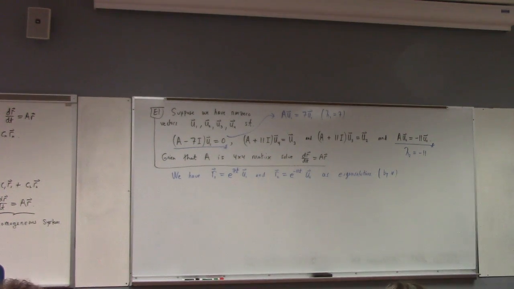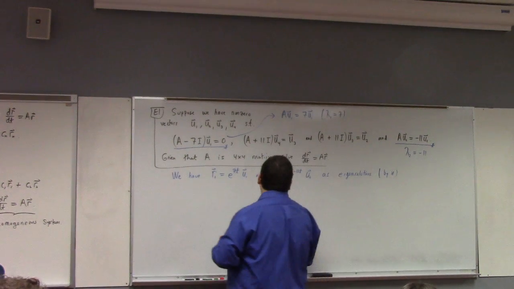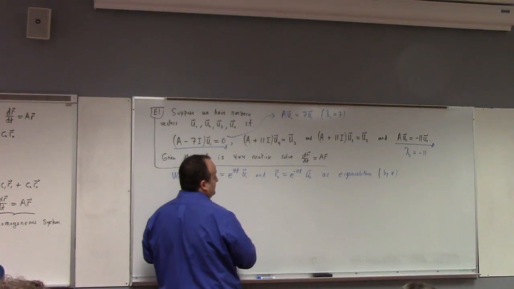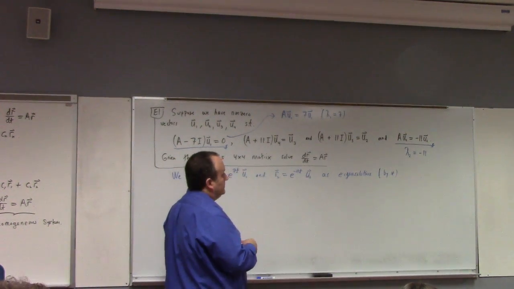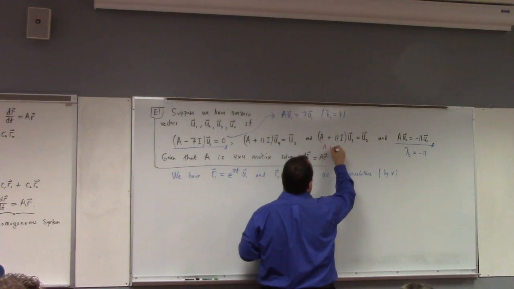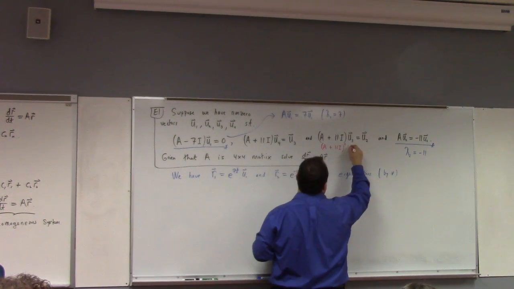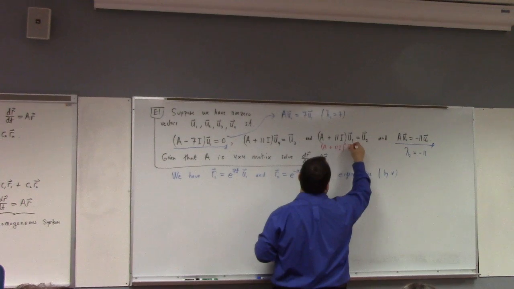All right? How about the other conditions, though? What do those tell us? How about this one? What if I take (A plus 11I) squared times u3? What's that give me?